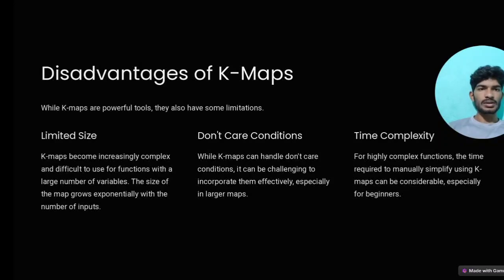Don't care conditions. While KMap can handle don't care conditions, it can be challenging to incorporate them effectively, especially in large maps. Time complexity. For highly complex functions, the time required to manually simplify using K-maps can be considerable, especially for beginners.